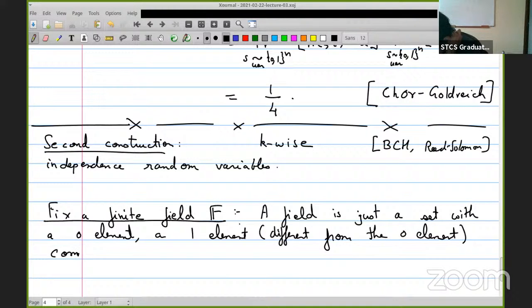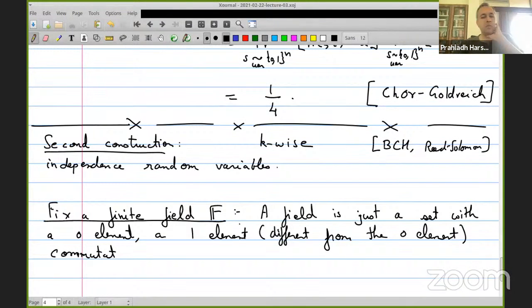Commutative addition and multiplication. And of course, the zero element is the identity for addition. No, I know Rajat knows what a finite field is, so you don't need to raise your hand.